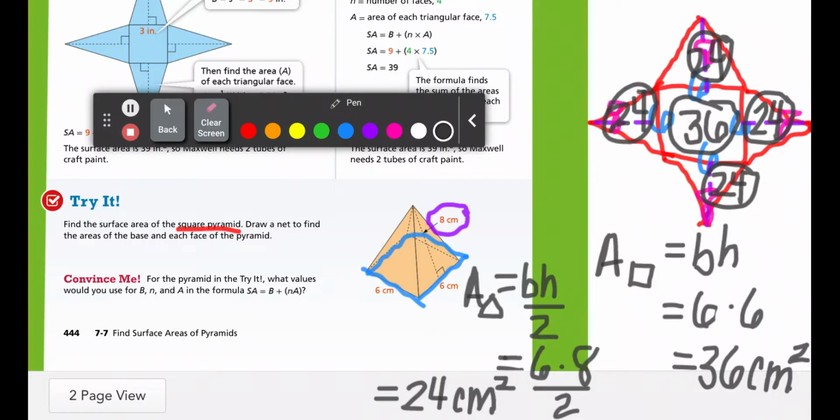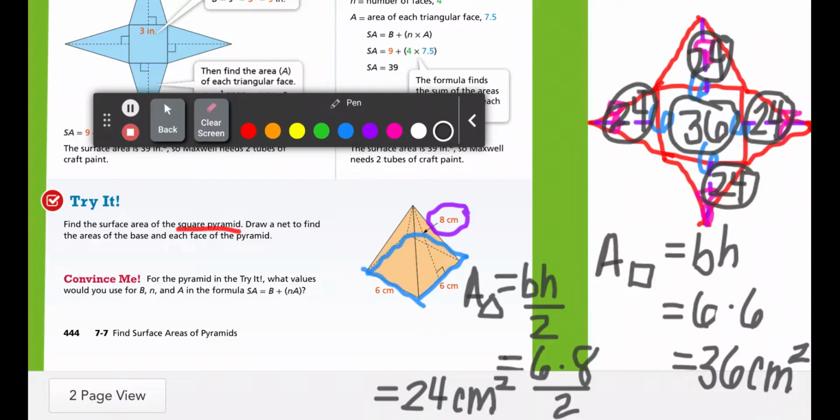So we took our three-dimensional shape and we drew it as a net. Then we labeled the net with the measurements that match the picture. Now to find the surface area, which will be the area of all of those faces, we found the area of each face. And then our last step is going to be to add up all of these faces. So you could do 24 plus 24 plus 24 plus 24 plus 36.